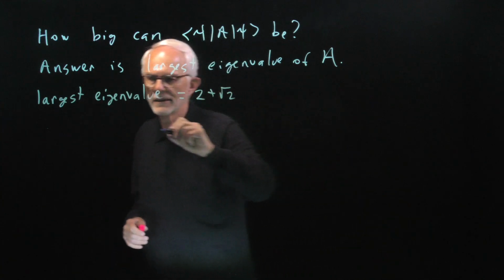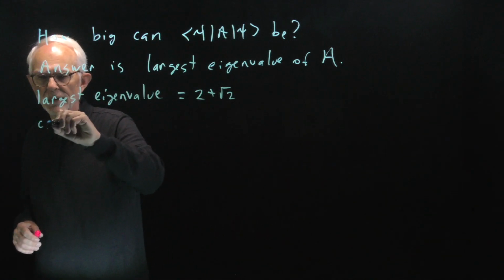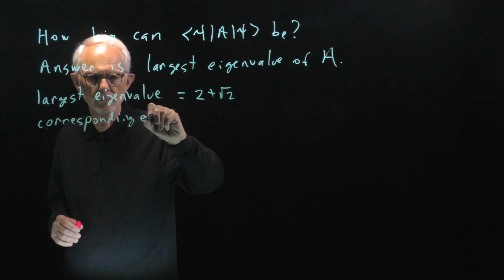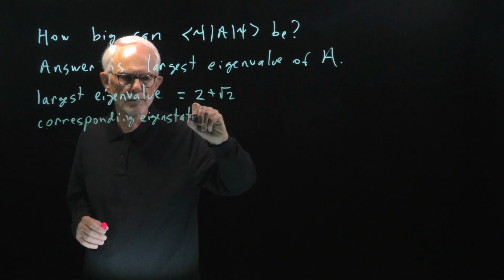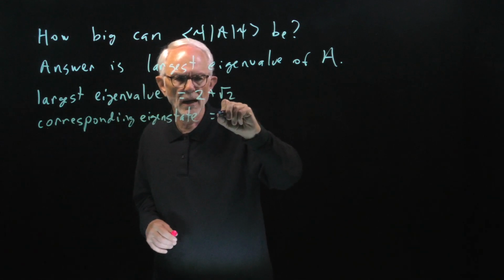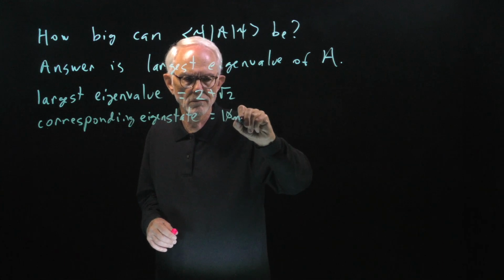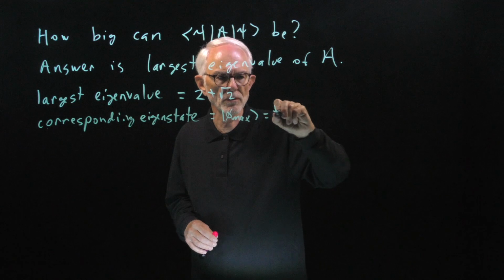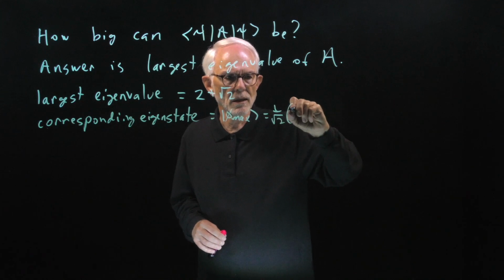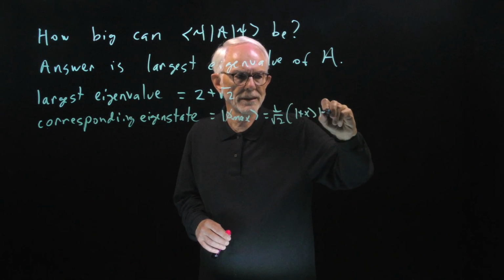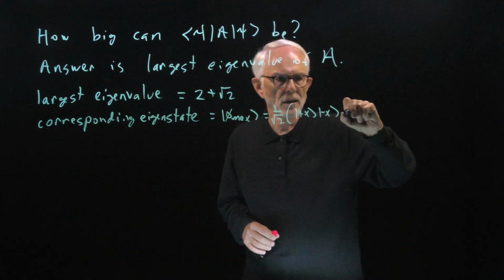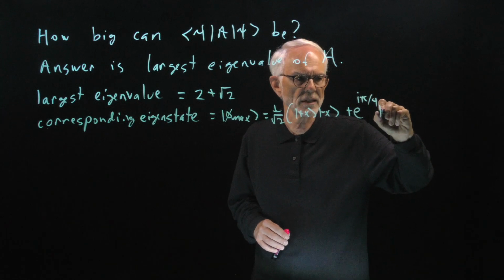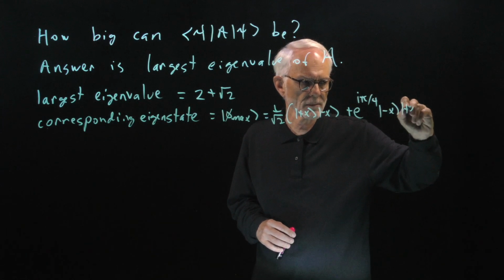And just to write it down, the corresponding eigenstate, which I'm going to call phi max, is equal to 1 over square root of 2 times plus x, minus x, plus e to the i pi over 4 times minus x, plus x.